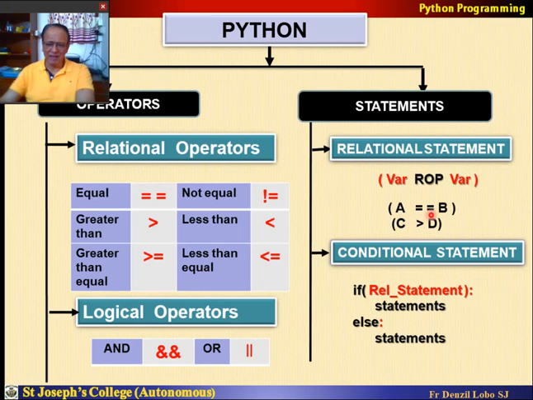So I put A equal to B, or C is greater than D, etc. Now when we come to conditional statement in Python, we are not going to use those braces, as we use in pseudocode and in C. Here we are going to say if, you write this relational statement, then a colon here, colon is very important, and you write the next block of statements.